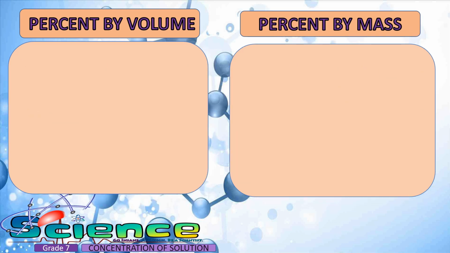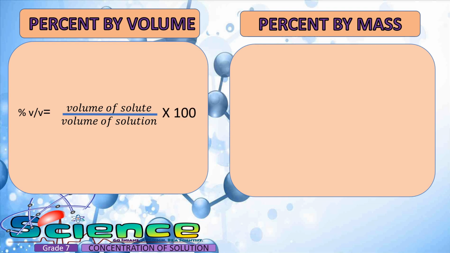Mathematically, percent by volume is the volume of solute over volume of solution multiplied by 100, and percent by mass is the mass of solute over mass of solution multiplied by 100.